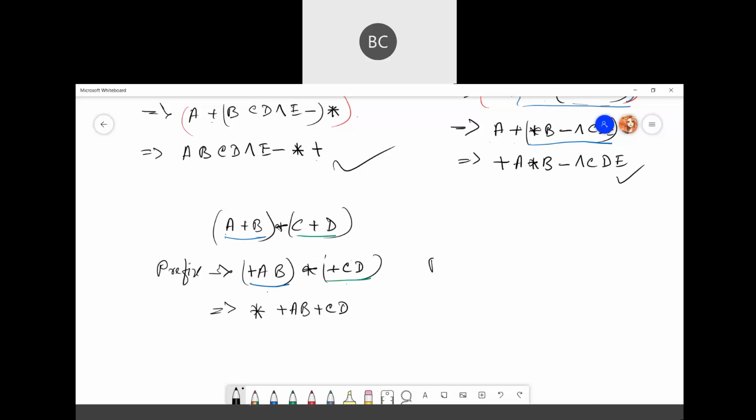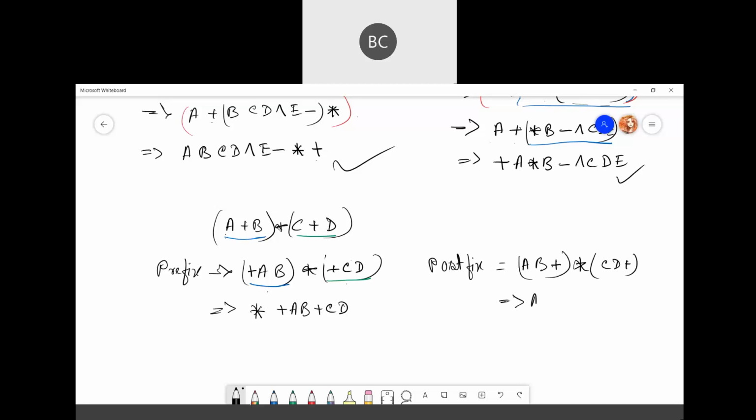So what will be the postfix here? Same thing, you have to bring this plus sign after both operands. Then AB plus into CD plus.